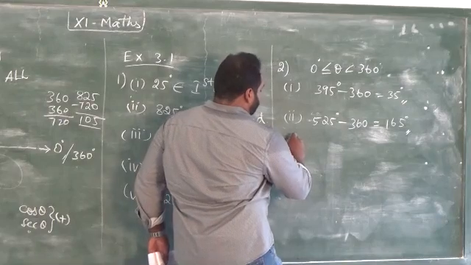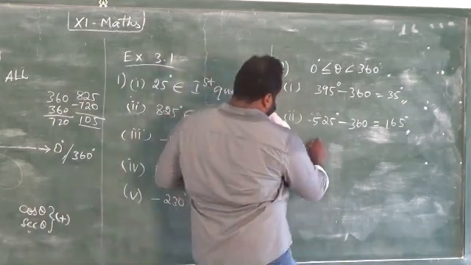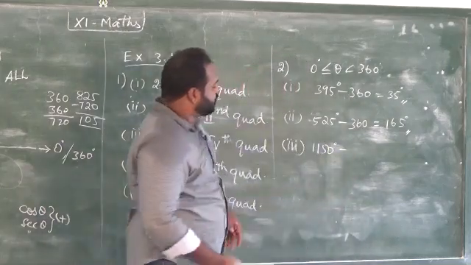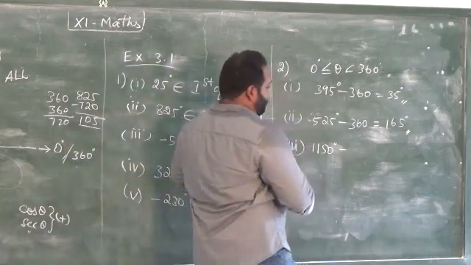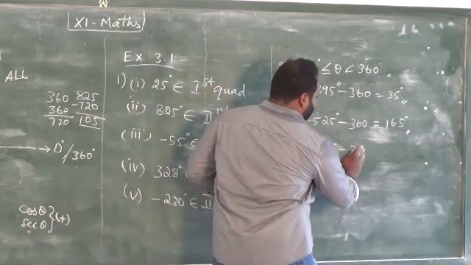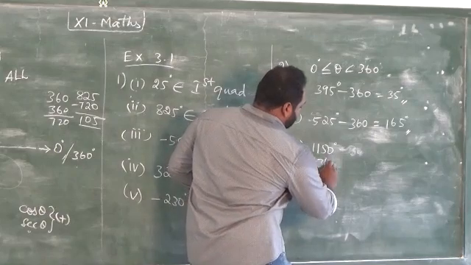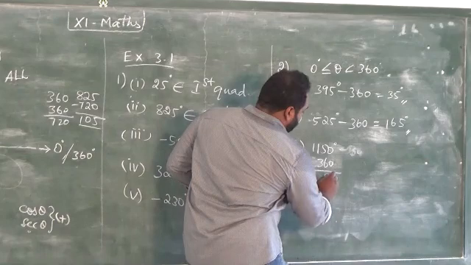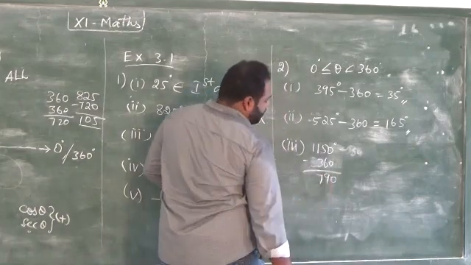Third one, 1150. Here, for your understanding, I will do it one by one. If you subtract 360, it is 790.